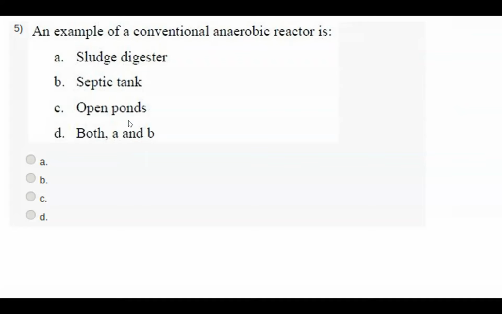What will be the conventional anaerobic reactor? Yes, septic tank is right. But you can also say a sludge digester is also an anaerobic reactor. Both will come, so the answer is both A and B, sludge digester and septic tank.